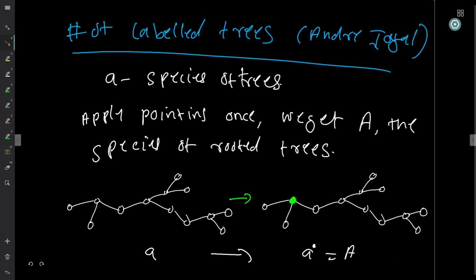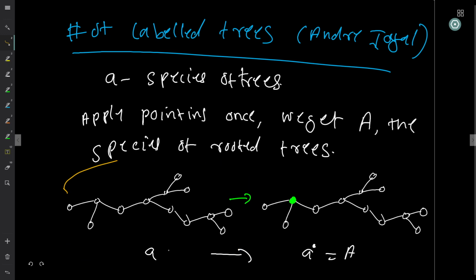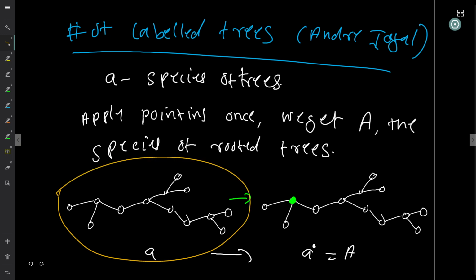What happens when you do the pointing once? Suppose you had n elements; you are looking at an n vertex tree here, then you have n different ways of pointing.